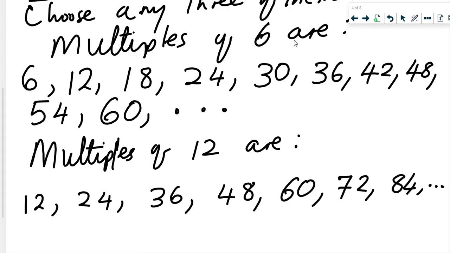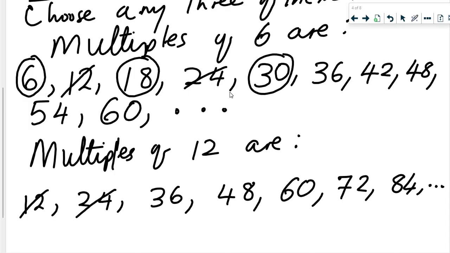So the multiples of 6 that are not multiples of 12 are, the first one is 6. This 12, avoid it, because it is a multiple of 12. We need to avoid that. The next is 18. 24 is a multiple of 12, which we have to avoid.